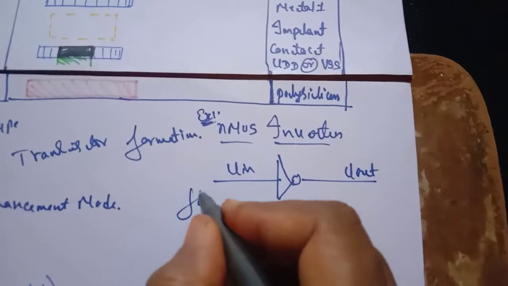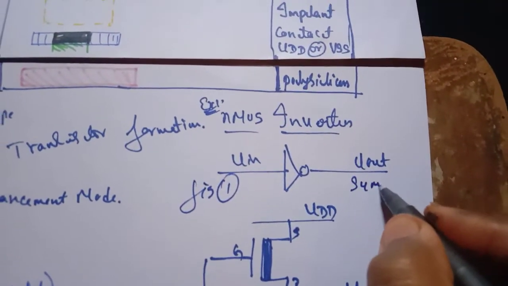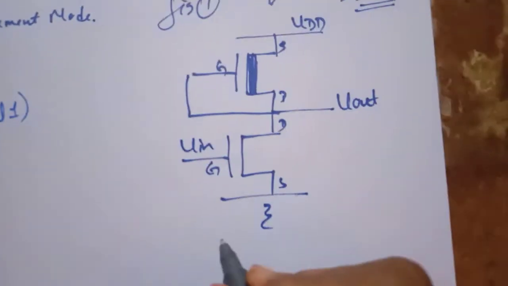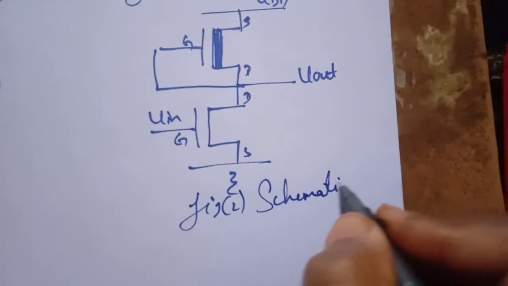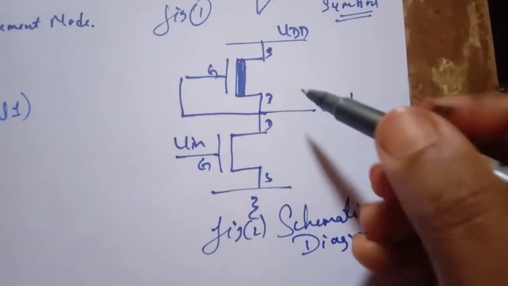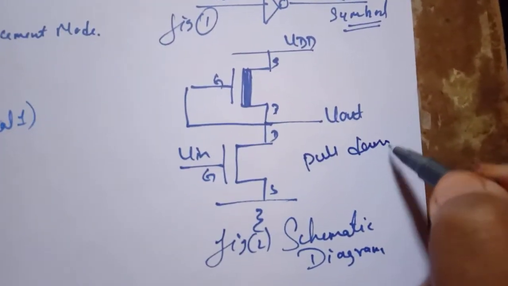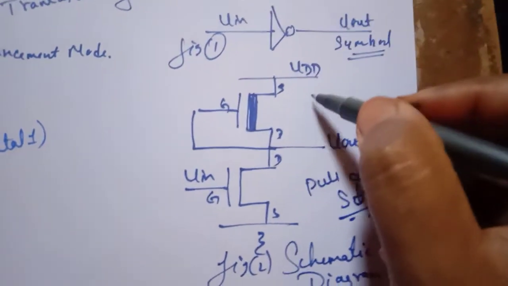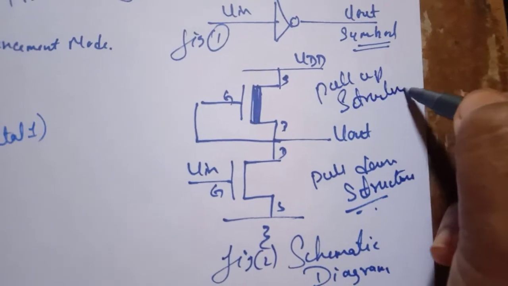Figure 1 is the symbol of the NMOS inverter. Figure 2 is the schematic diagram of the NMOS inverter. It consists of two structures: one is a pull down structure and another is a pull up structure.